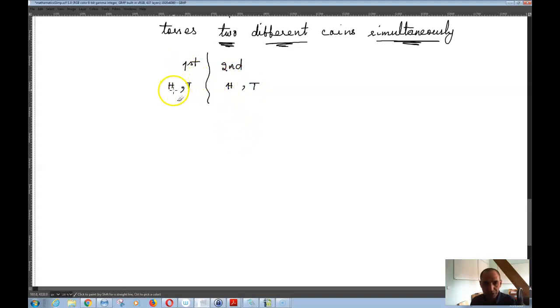So that means that I can take a combination of these heads and tails together. I can have heads with heads, heads coming from here and heads coming from here; heads and tails, heads coming from here and tails coming from here; I can have tails and heads, and I can have tails and tails.